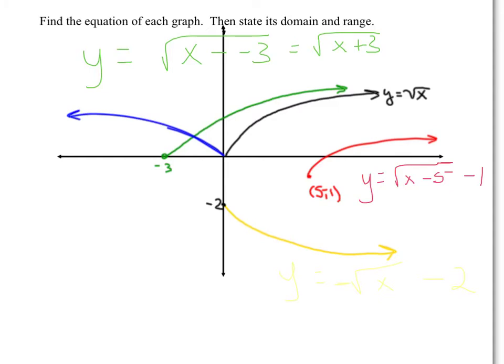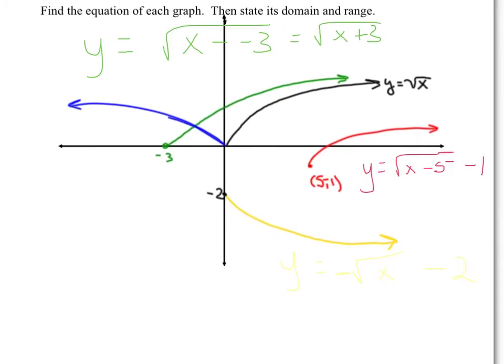It's going to be the negative square root of x, minus 2. So we can check that if we were going to take, for example, the square root of 4, that would give us 2, but now we want to make that be -2, minus 2. That's going to bring us all the way down to here. So this is giving us the other piece of that inverse, the flipped part like this.